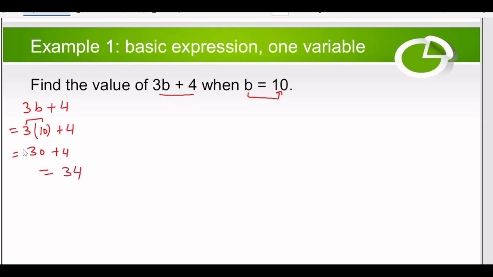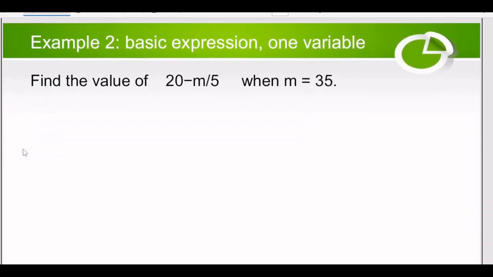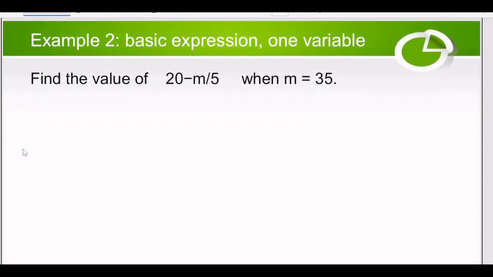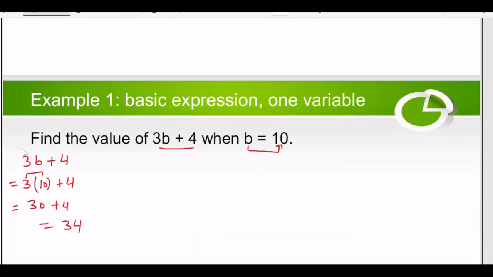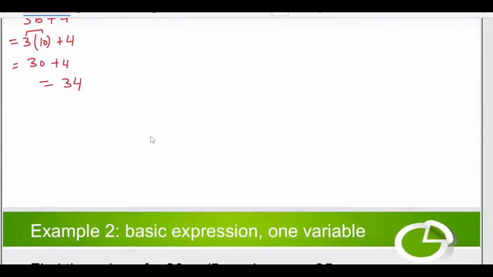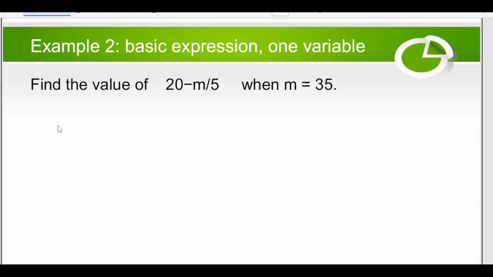Next one, basic expression, one variable. We have only one variable, m. Find the value of 20 minus m over 5 when m is 35. We replace m by 35, so this is 35 over 5.